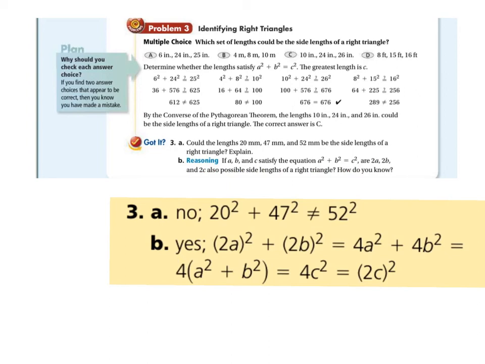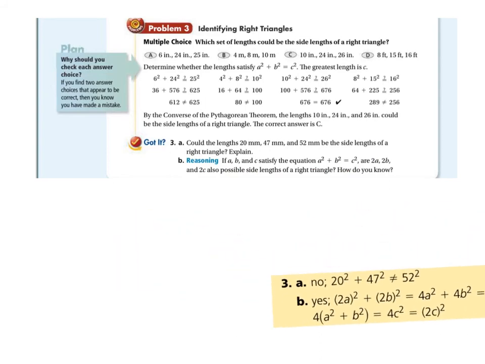Well, it is yes, and here's how we do it, because we know how to work with exponents. So 2a squared plus 2b squared, does that equal 4a squared plus 4b squared, right? It does. Now, what we're really asking then is, does all that equal 4c squared? And the answer to that is yes. So again, here's what we're looking at. Let me write it out just to make sure we've understood the idea.